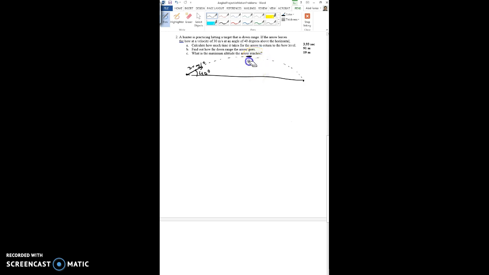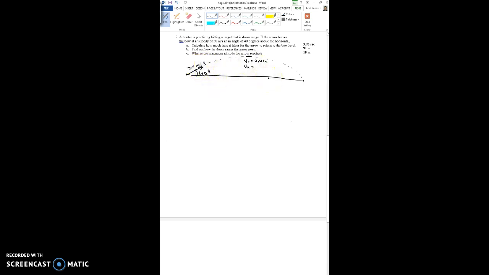So we show that as Vy equals 0 meters per second. At this moment, the velocity in the x direction is all the component from the initial velocity. If you recall, there's no acceleration in the x direction. The only acceleration in this problem is the acceleration due to gravity, which is 9.8.